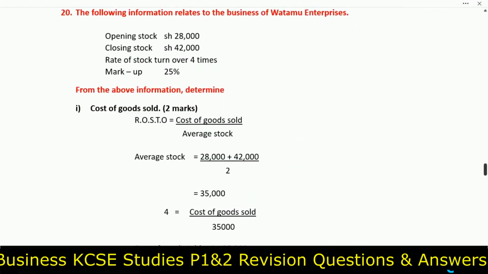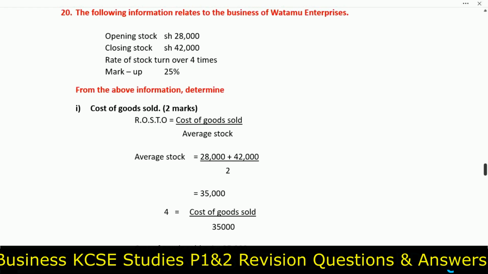Let's go to the next one. The following information relates to the business of Watamu Enterprises. Opening stock, that one. Closing stock, that one. Rate of stock turnover, 4 times. Mark up, 25%.